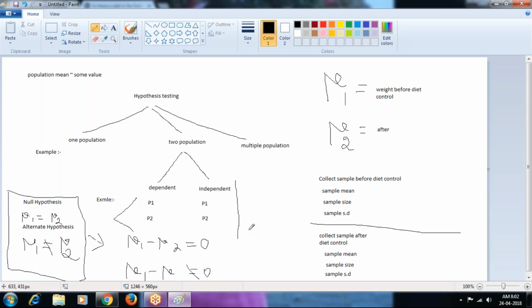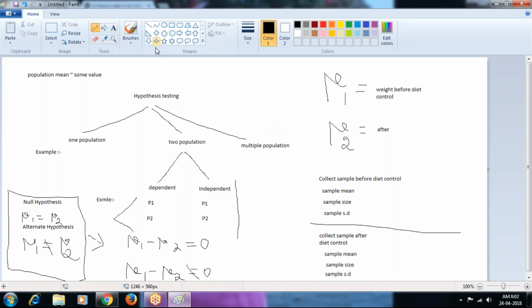So you got the samples, the sample size, the sample standard deviation, similar for before and after. My null hypothesis is mu1 minus mu2 equal to 0, and my alternate hypothesis is mu1 minus mu2 not equal to 0.